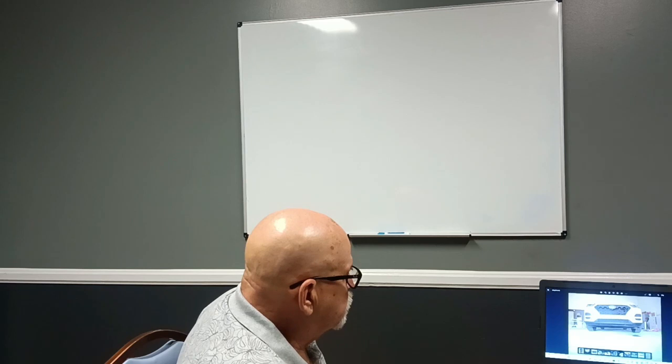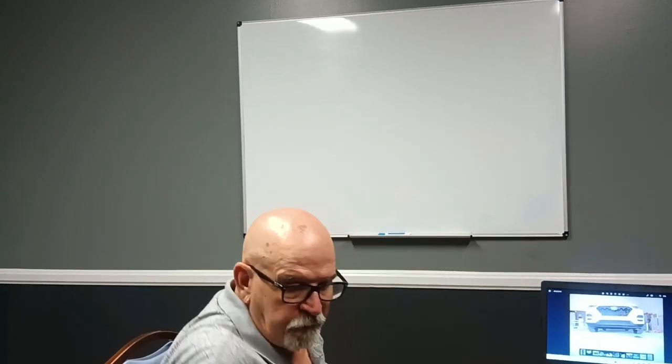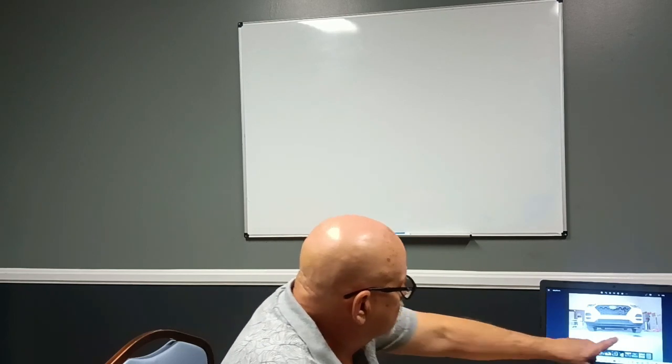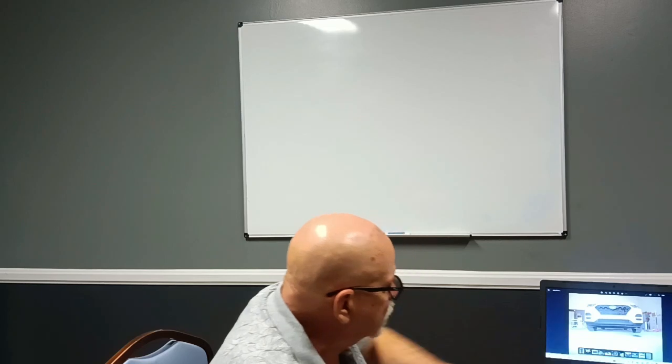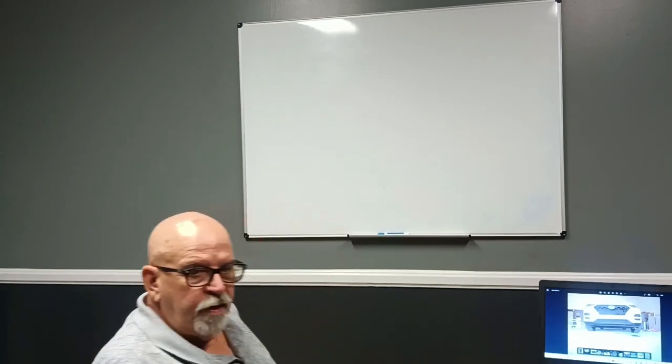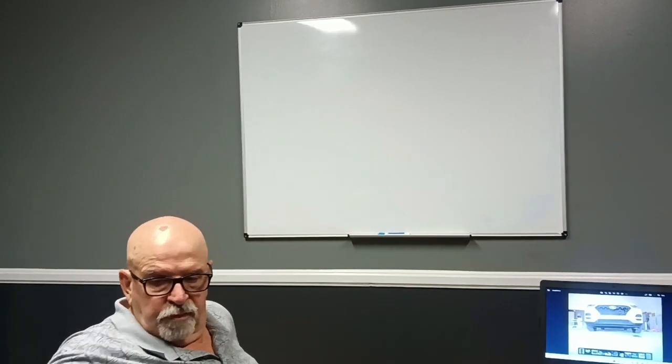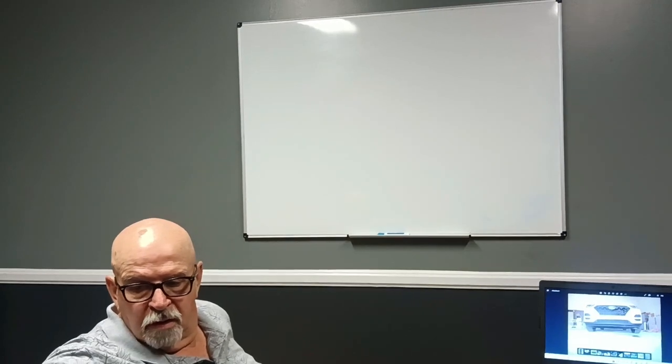Maybe it's my trained eye or whatever, but I can see that this left rear door where it got hit, the tire where it got hit has a toe problem. Can you see it? Yeah. See, and I'm showing them that.